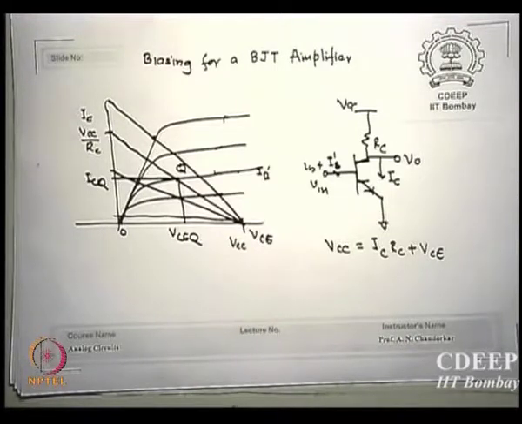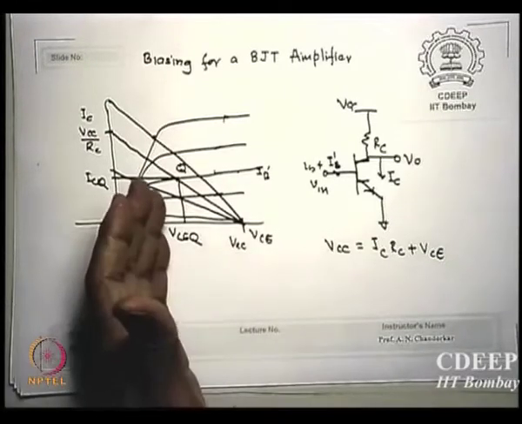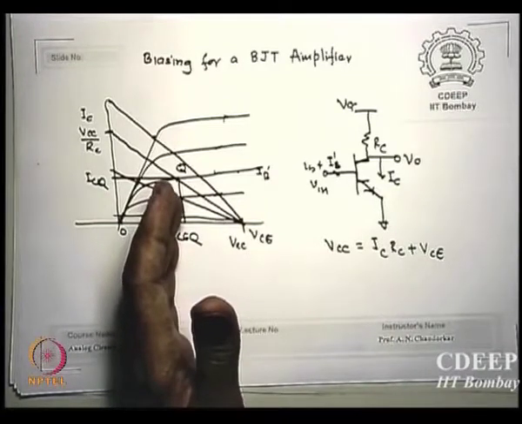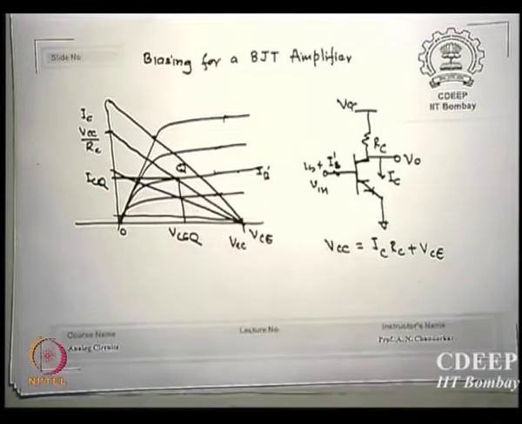So the choice of VCEQ should be such that you are always in active mode, and typically it should be roughly half. Don't worry whether it is a 12 volt or 10 volt supply; is it 4 volt? Yes, 4 volt is still well within the range of active mode. So don't insist that it has to be 6 volt, but keep it as close as possible to 50% of VCC. That is ideal because it will guarantee your device remains in active mode.